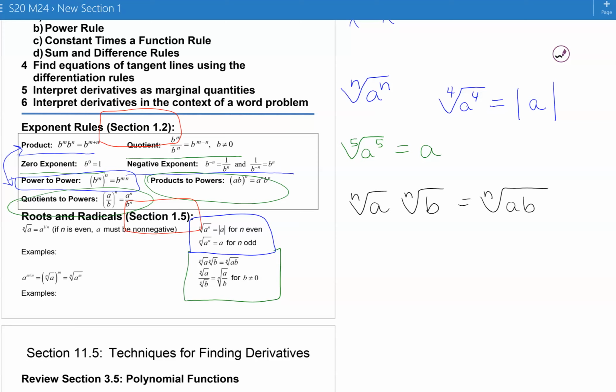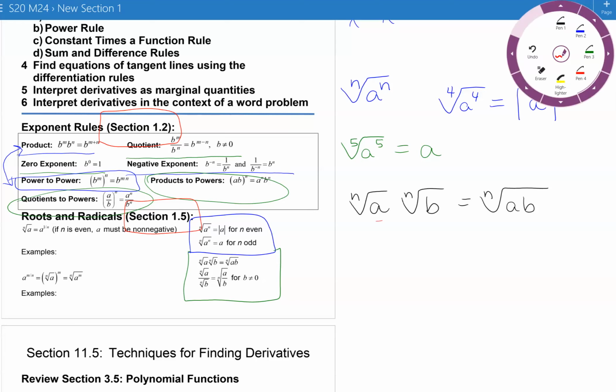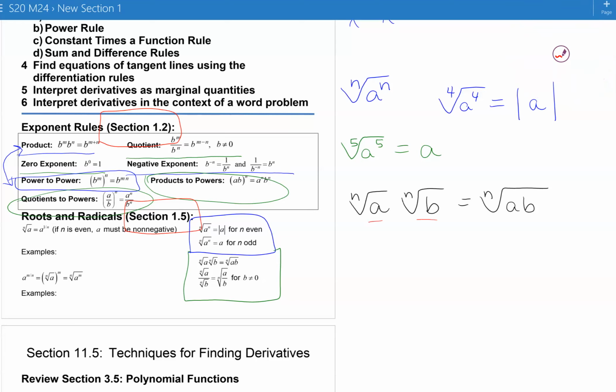So what this rule says to me is the order of radical and multiplication doesn't matter. Because on the left, I'm doing the root first and then the multiplication. You don't see any symbol, so multiplication is implied. And then on the right, we do the multiplication first and then the root.